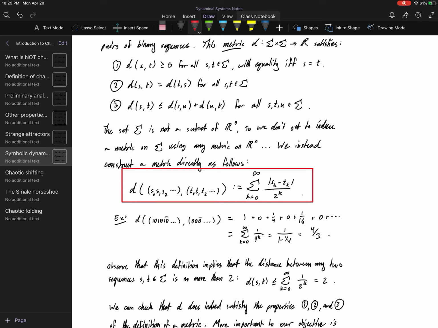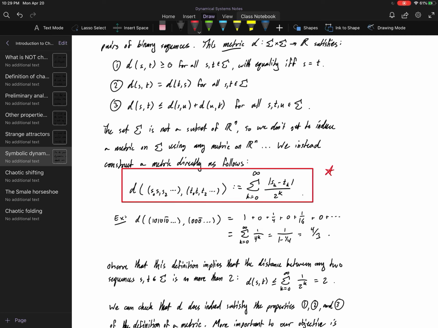We necessarily had to change up that usual definition because these sequence spaces are not a natural subset of Rn. In fact, they're infinite dimensional. And the idea here is that whatever metric we come up with needs to address every single component of a sequence and then guarantee a convergence on those comparisons.